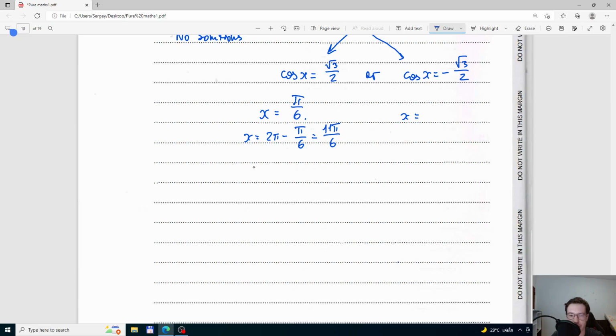Moving on to the second equation, the first solution is going to be 5 pi over 6, and the second one 2 pi minus the first one, which is 7 pi over 6. All of them are going to my final answer: pi over 6, 11 pi over 6, 5 pi over 6, and 7 pi over 6.